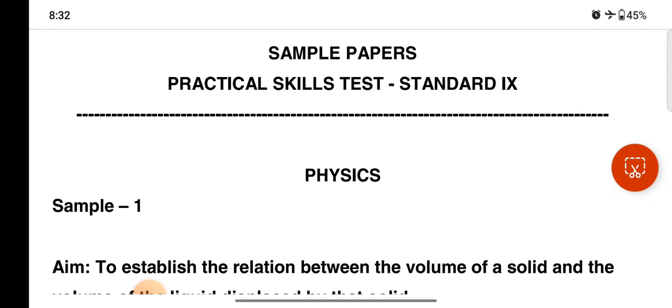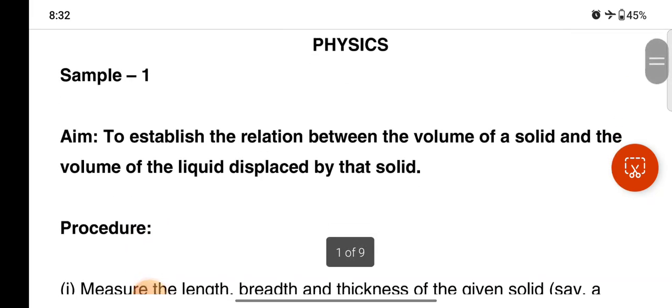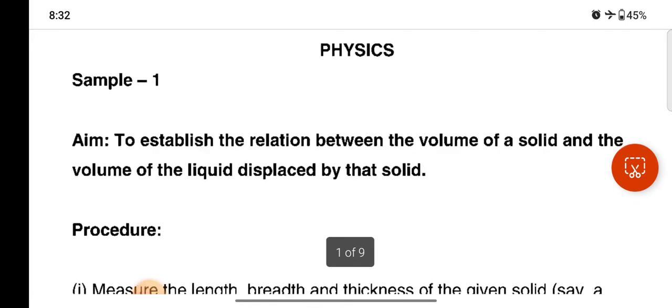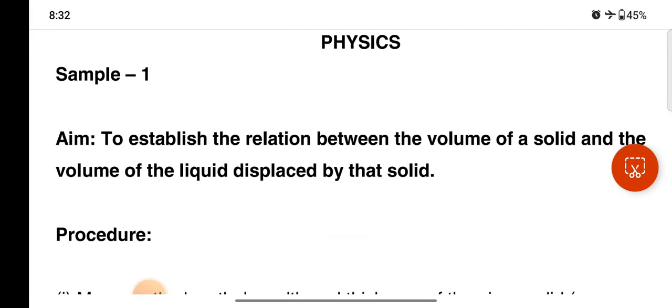First, physics subject. Sample first is: Aim of the practical: to establish the relation between volume of a solid and the volume of the liquid displaced by that solid.